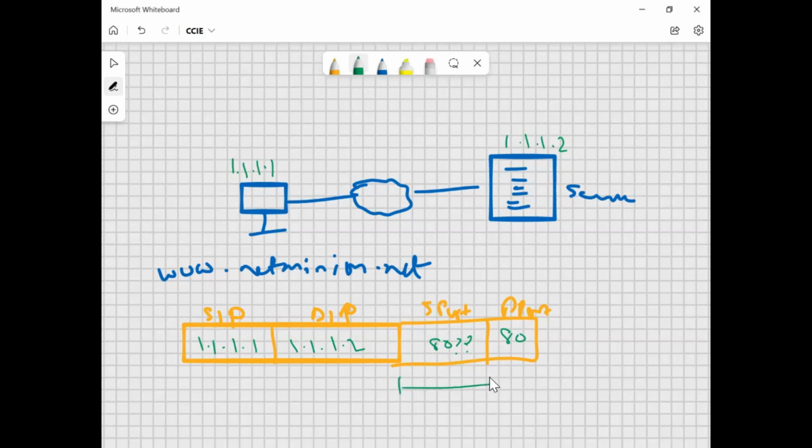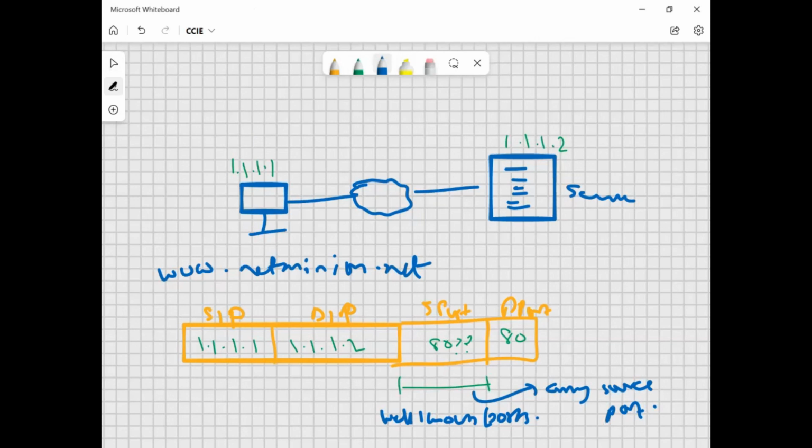Please try to understand very minutely, these are very important concepts. Source port will be a higher order port, right? Except for the well-known ports, it can pick any source port. Maybe if you are not aware, guys, this is damn important.